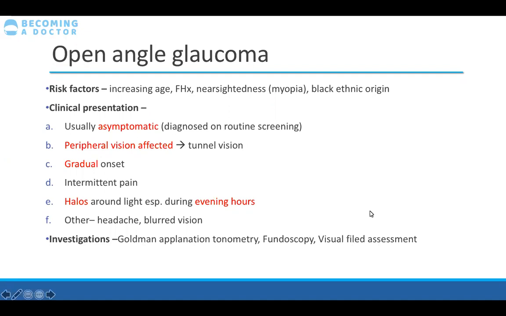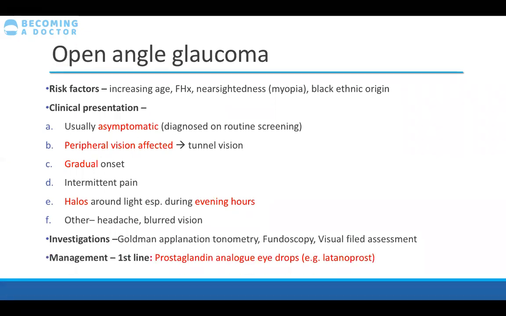Because the peripheral vision is affected, you want to see how badly it is affected, whether both eyes are affected, and get a better idea of what's going on. In terms of management, the first line will be prostaglandin analog eye drops, and an example of that is latanoprost. I've highlighted that in red because that's an important management to know, especially for open angle glaucoma.